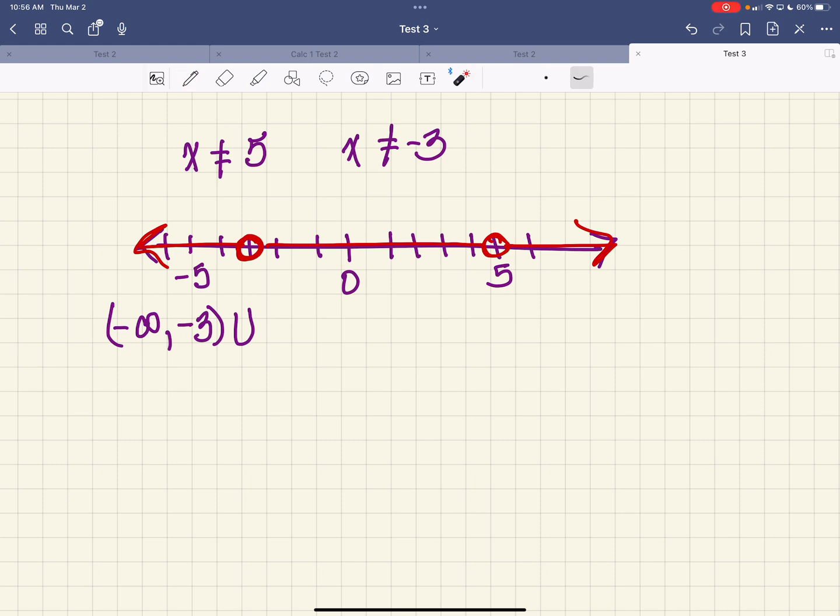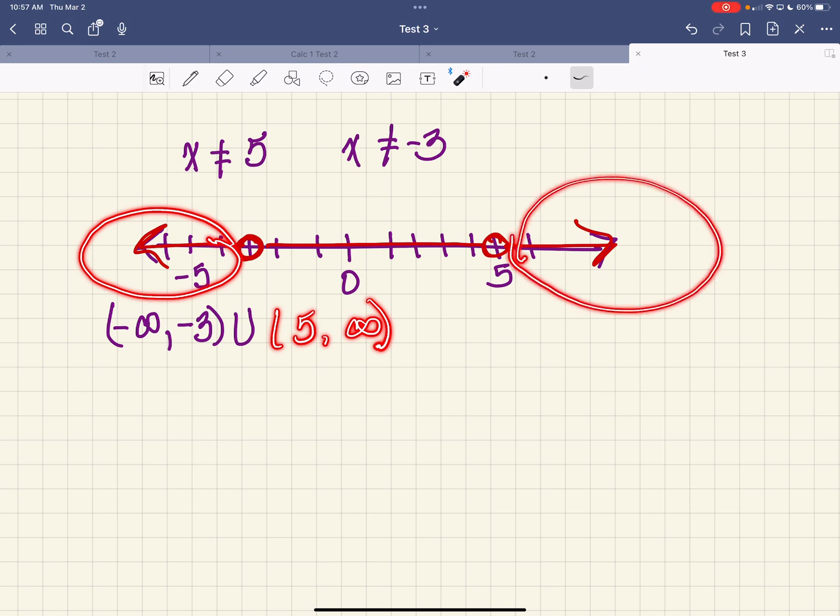Now, the most common mistake on a problem like this is students then say 5 to infinity. That is the most common mistake. So students have accounted for this part of the number line, and they've accounted for this part of the number line. But students forget this middle part right here.